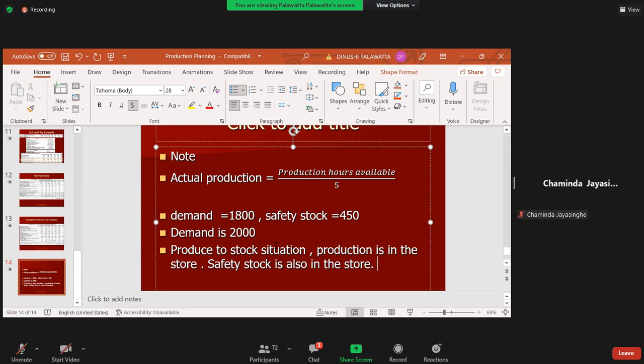Some people think the purpose of the safety stock is that we keep it for safety. Safety is that when more than the expected demand occurs, let's say forecast demand is 1,800 and actual demand is 2,000, then you supply from safety stock. Then at the end of the month, safety stock goes down to 250.